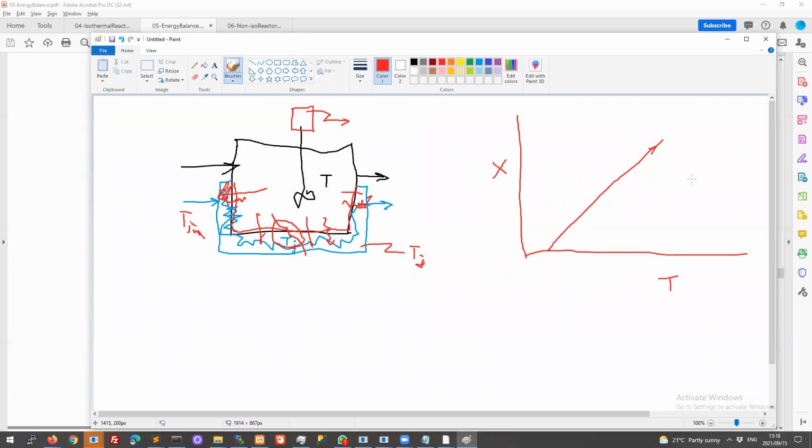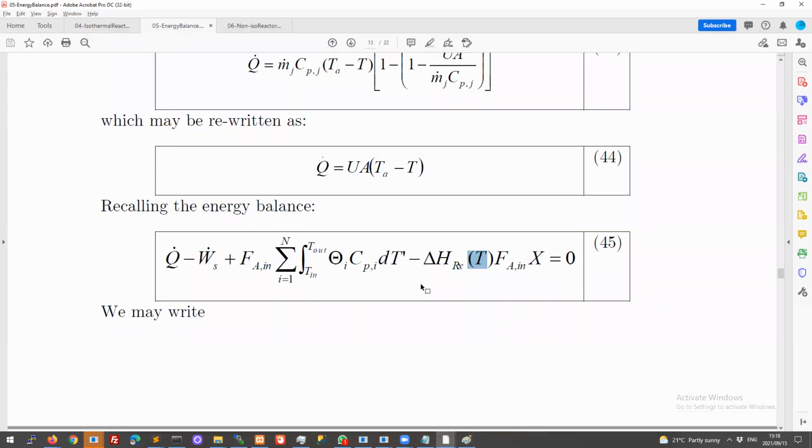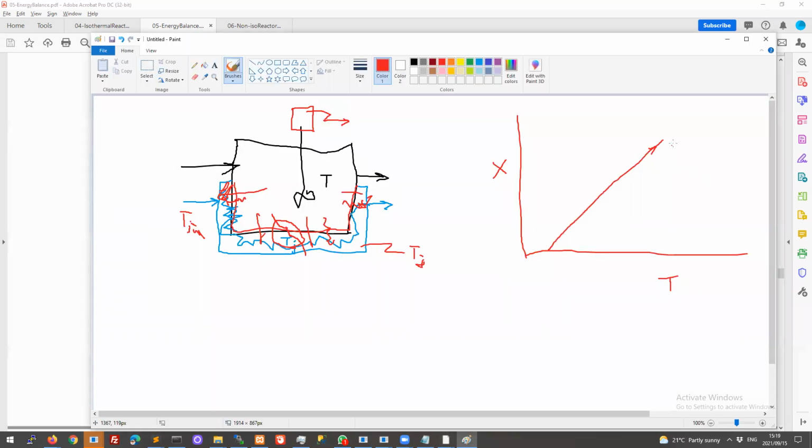And the slope of this line does depend on a couple of things. Number one, it depends on the heat of reaction, whether that's a positive or negative number. And of course, it depends on your heat capacities and so on. But we'll see that if the reaction is exothermic, then your temperature increases as your conversion increases.